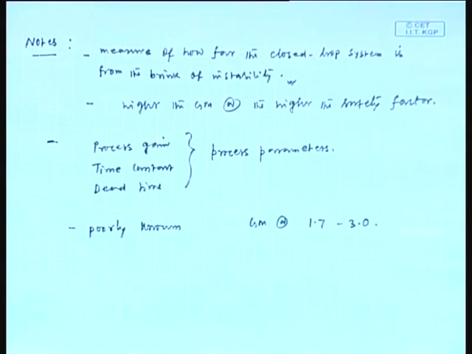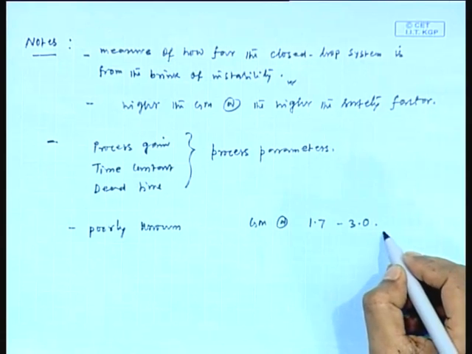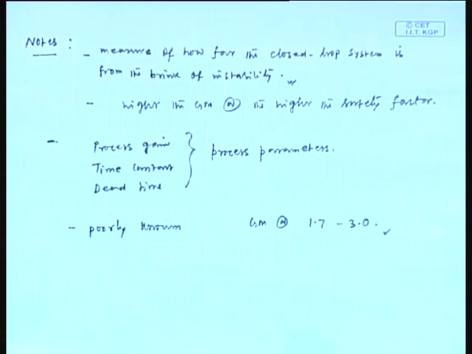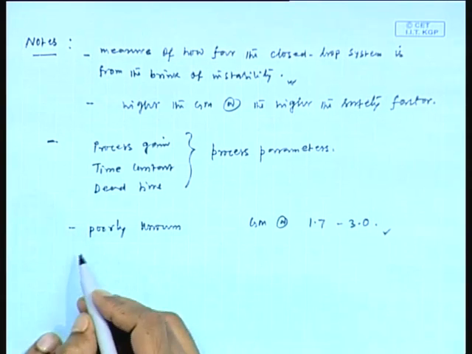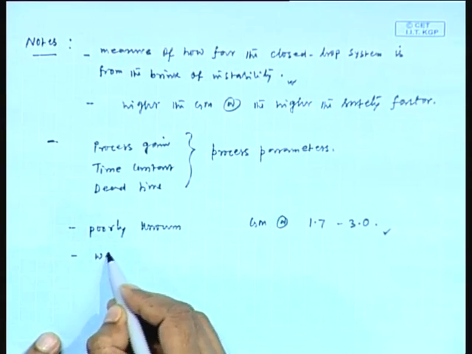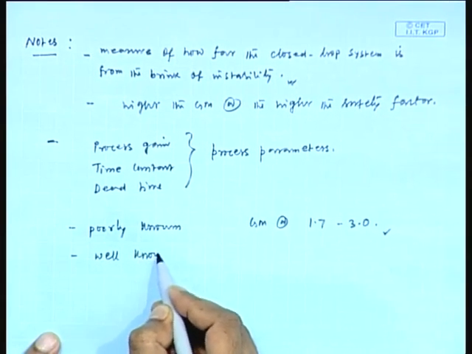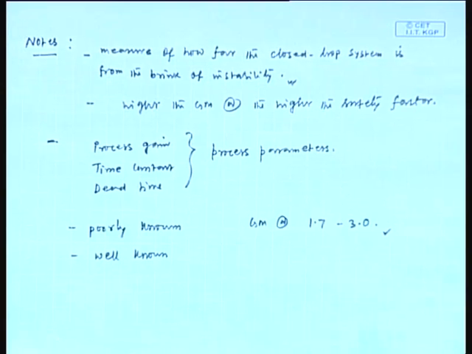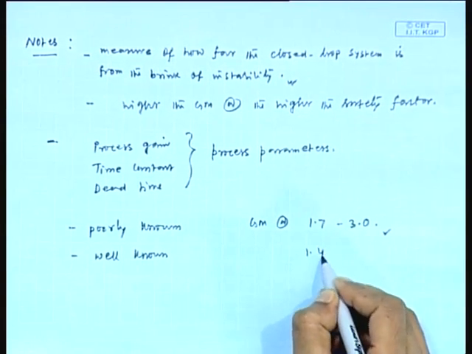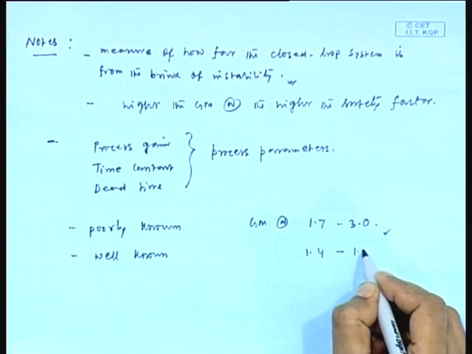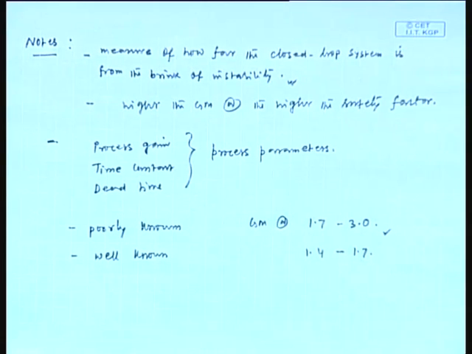When the process parameter values are poorly known, in that case the gain margin is taken in between 1.7 and 3. When they are well known, they are known quite accurately, in that case the gain margin is taken in between 1.4 and 1.7. These are the safety limits.